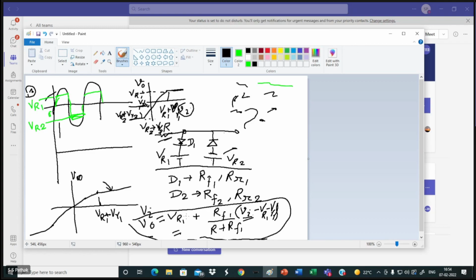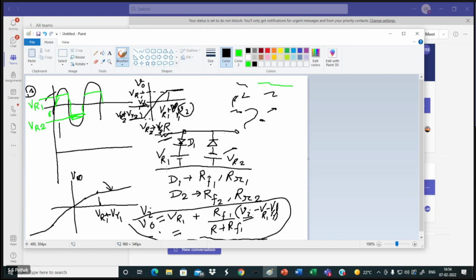Okay, but I want to see the Vi dependency over here. Then this V naught by Vi I have to find out. In terms of VR1 and RF1 and R, this ratio will appear. It can be solved. I think you know better how to solve this. You have to separate Vi1 from this side, divide both the sides by Vi1. So VR1 by Vi1 will also appear.